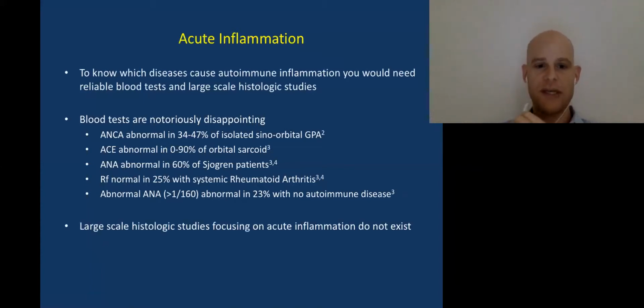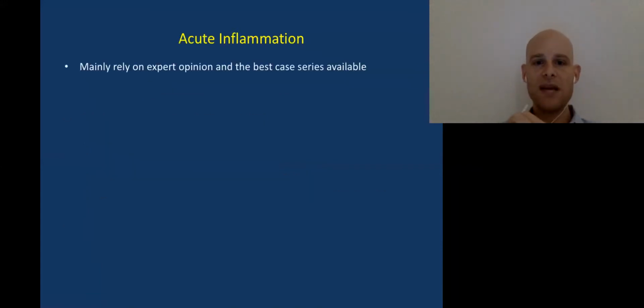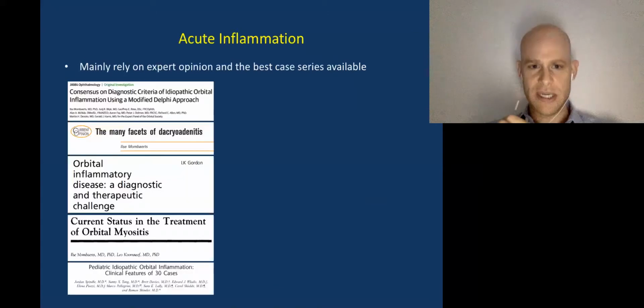That's the first point. The second point is that large-scale studies that look at acute inflammation of the orbit do not exist. They simply aren't there. Instead, we have to rely on expert opinion articles and the best case series that are available, and I listed the most important ones.